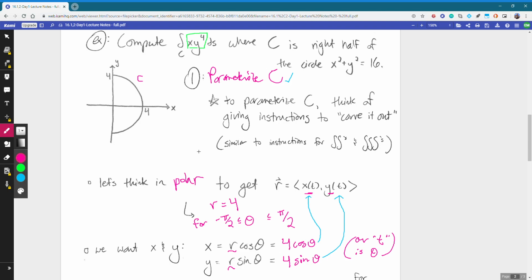But let me take this opportunity to mention that we wouldn't have to use polar if we didn't want to. If we were doing a double integral over the whole filled-in circle, if we really wanted to, we could set this up with rectangular as well. And so let's talk through that. It'll give us a chance to mention a useful idea.